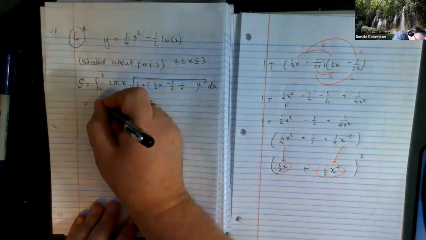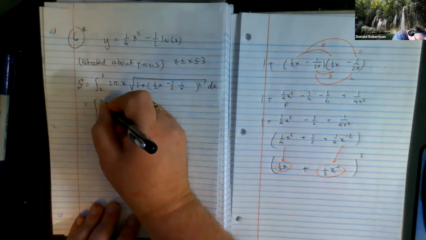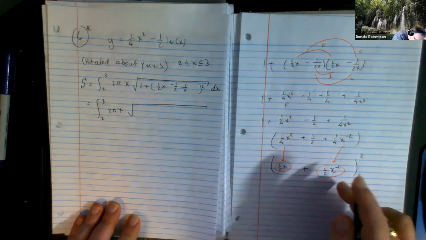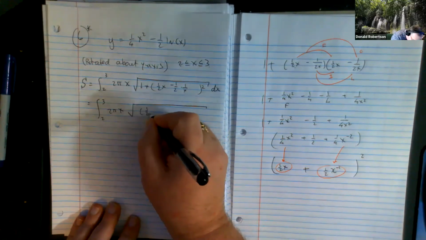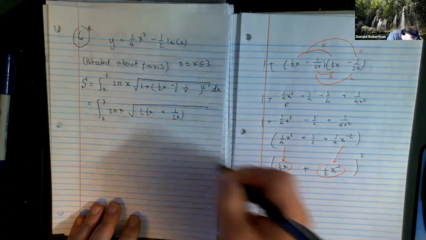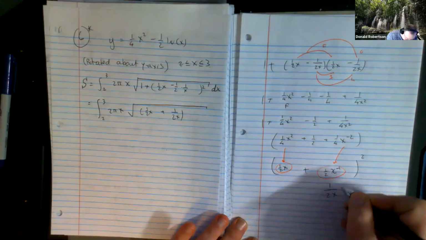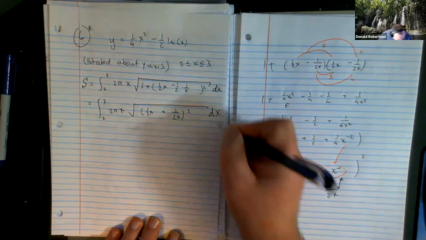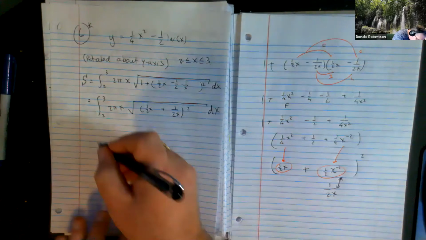So it's going to be integral from 2 to 3, 2 pi x, the square root of this guy squared. So 1/2 x plus 1 over 2x, because that's the same thing, squared. But squaring square roots is good.